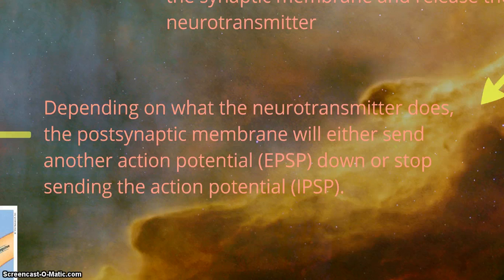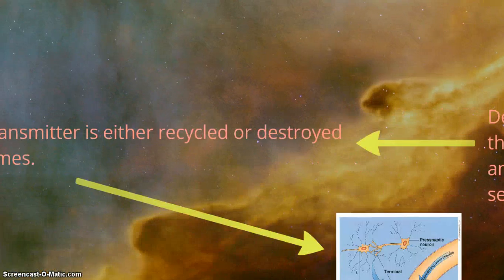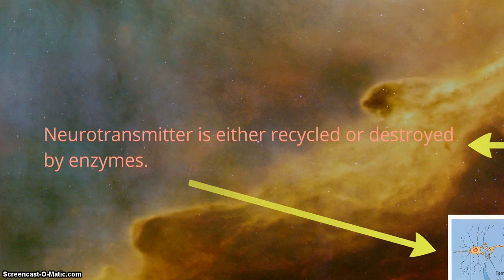And depending on the transmitter, it can be excitatory or inhibitory. So it will either start another action potential or stop another action potential, respectively, and that's called excitatory postsynaptic potential and inhibitory postsynaptic potential, respectively. And then after that, the neurotransmitter is either recycled or destroyed.